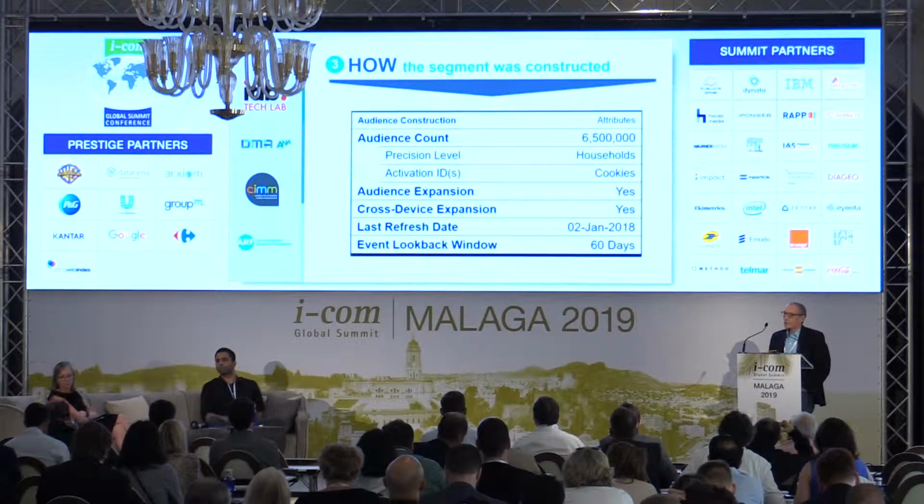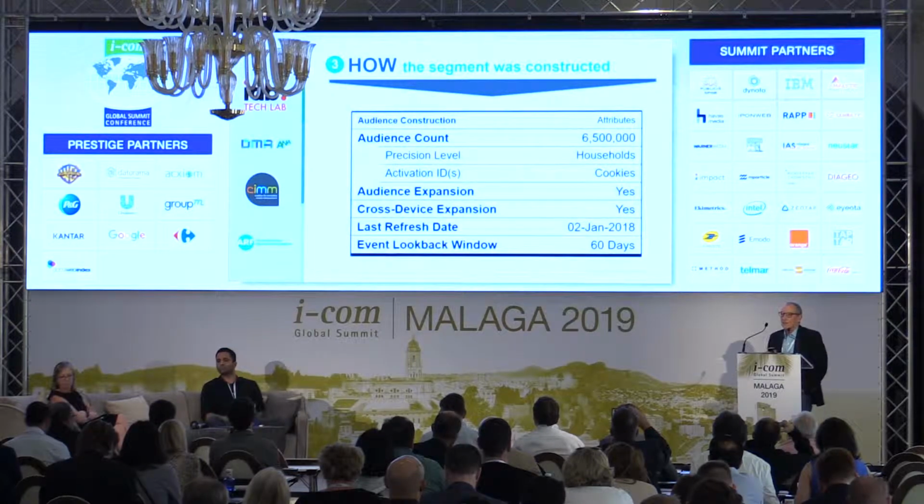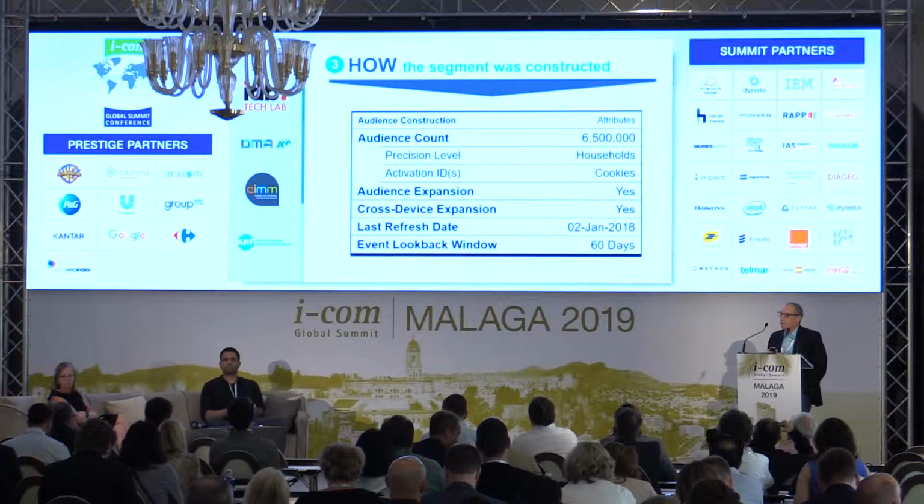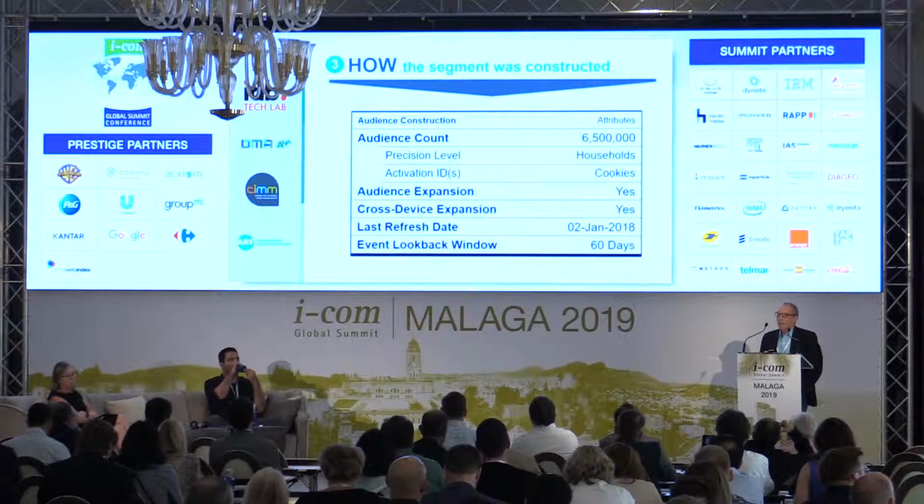How was this constructed? And this is where the dirty details often show up of the amount of precision, the age of the component parts of the data target, whether it was sourced from cookie data, from website, from retail traffic data, from location data, what's the look-back window, all of those kinds of factors.